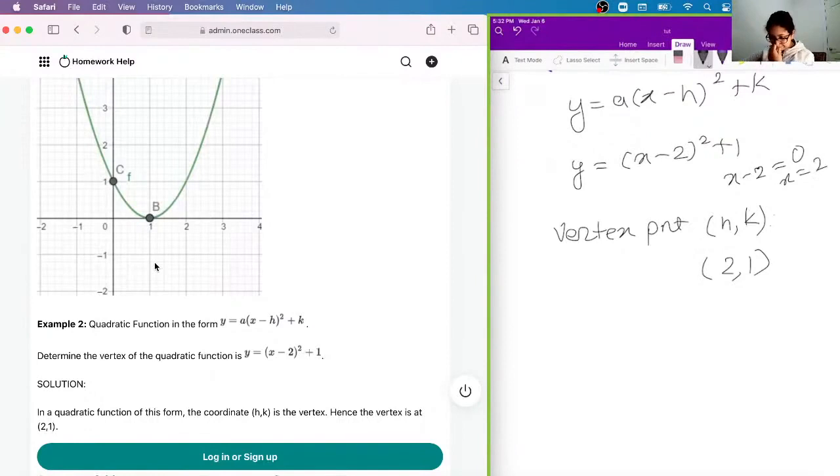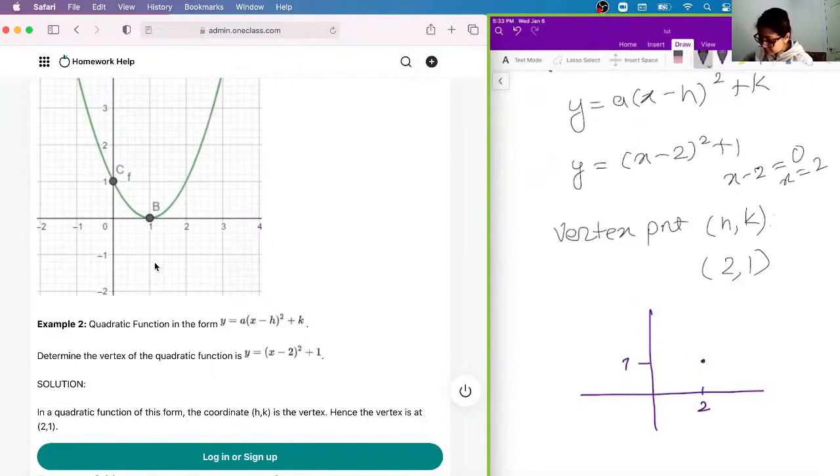Okay. And so this is the vertex, and we can show this on a graph, where your point 2, 1 has an x value of 2 and a y value of 1. Let's say it's right here.